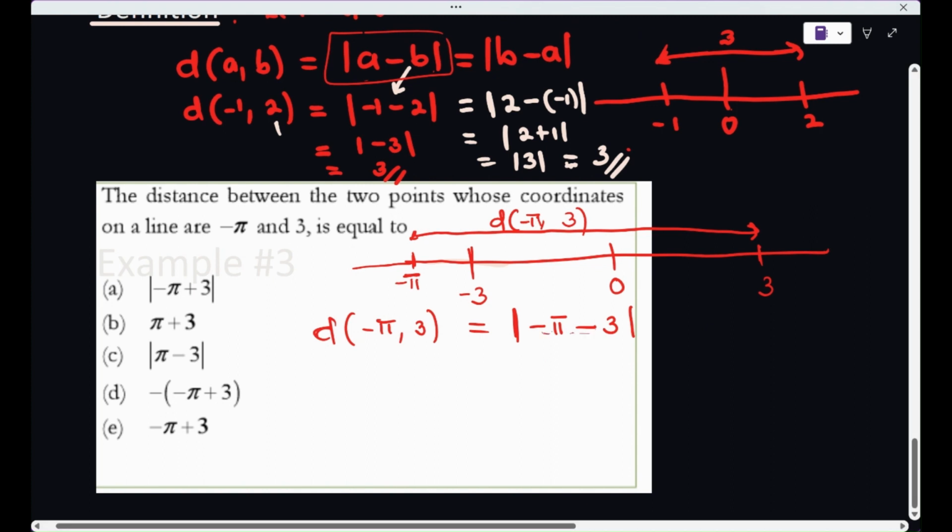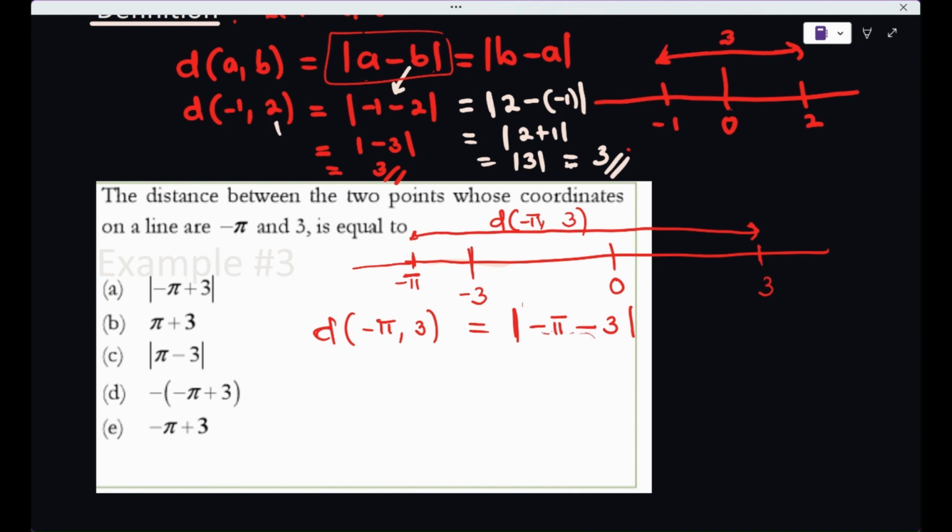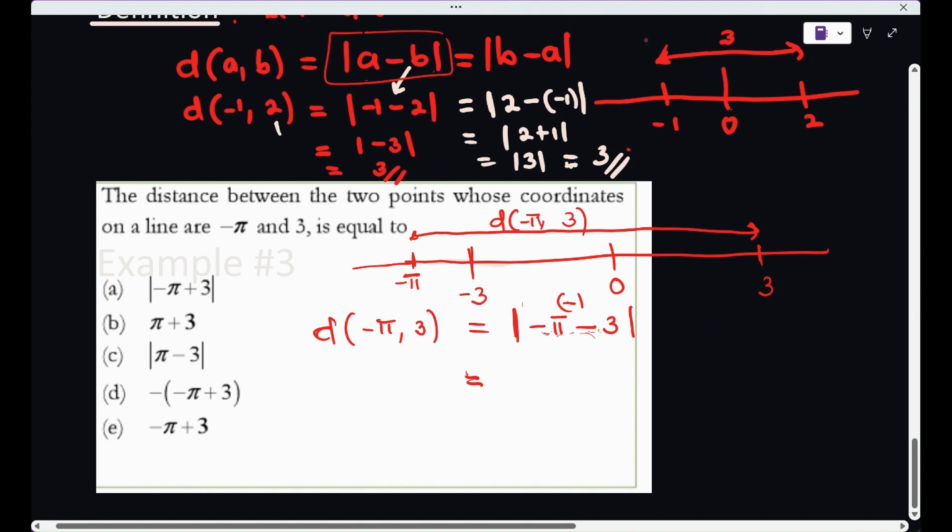But now we need to see if we can remove the absolute value. We know that -pi minus 3 is a negative number, because -pi is -3.14 something, minus 3. So this would be about -6 point something. So it's a negative number. And based on our definition of absolute value, we can remove the absolute value by bringing down a negative. So it will be minus, then you will have -pi minus 3, right?